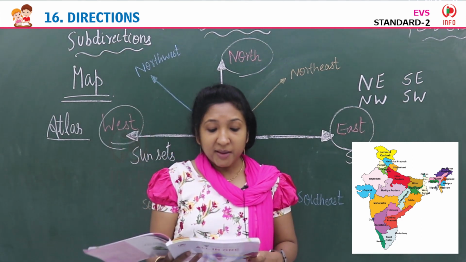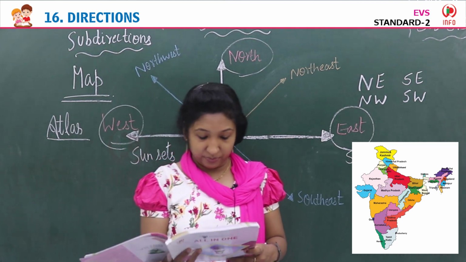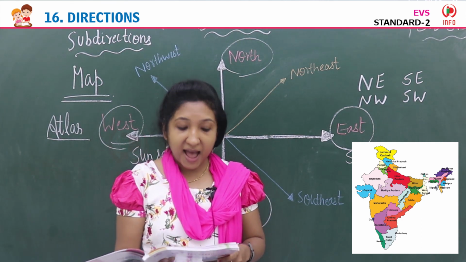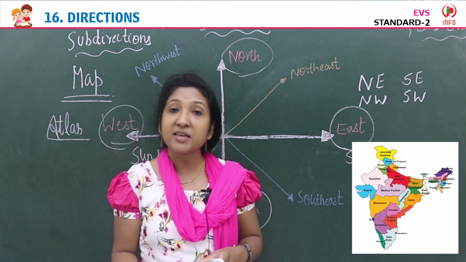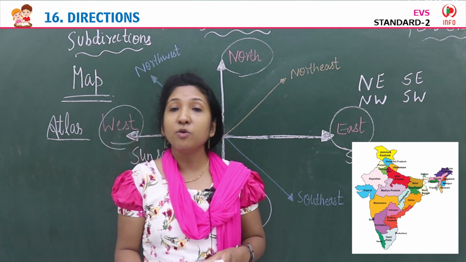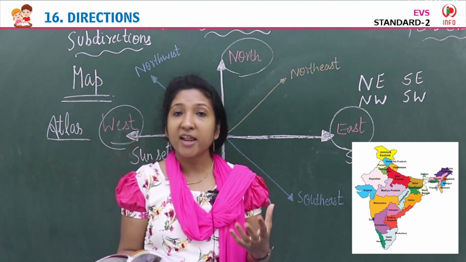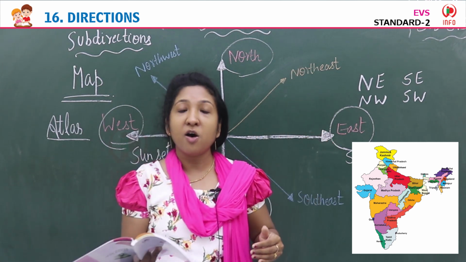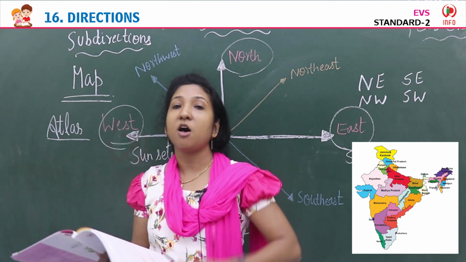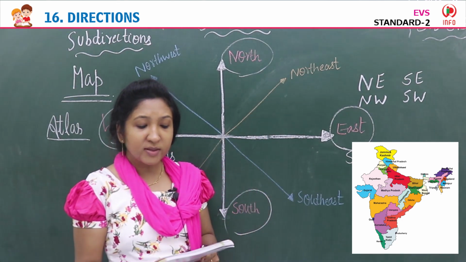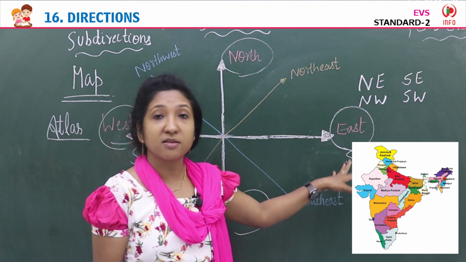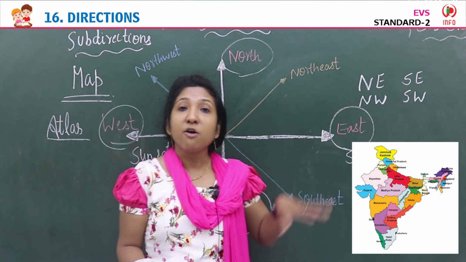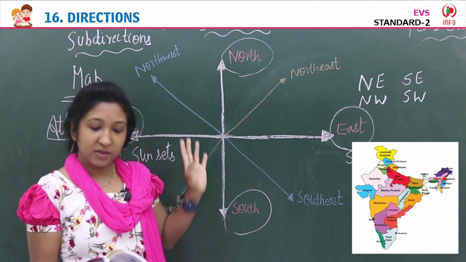Yes. Time to recall. Direction is the line along which a person or thing moves or looks. That we learned. You can use the sun to find directions. There are 4 directions. Yes.